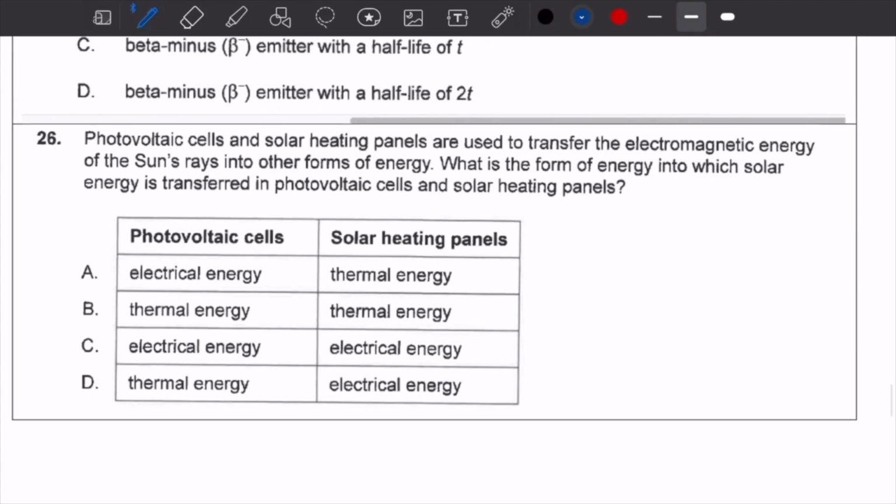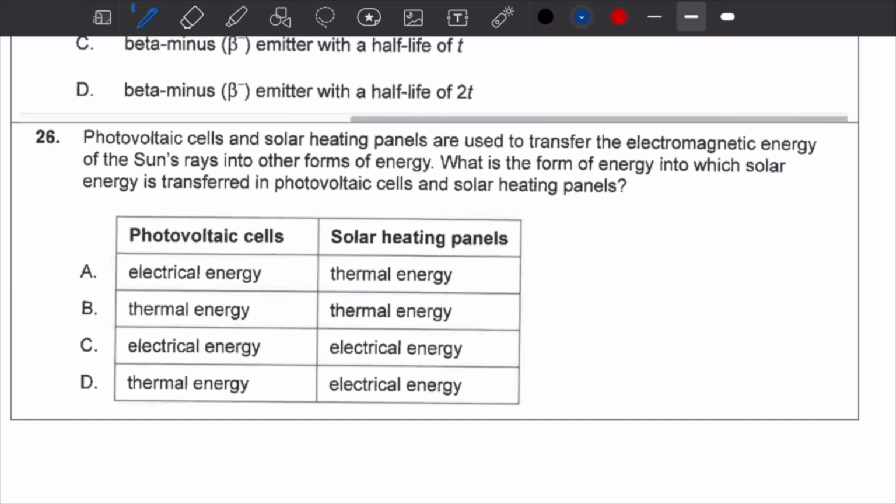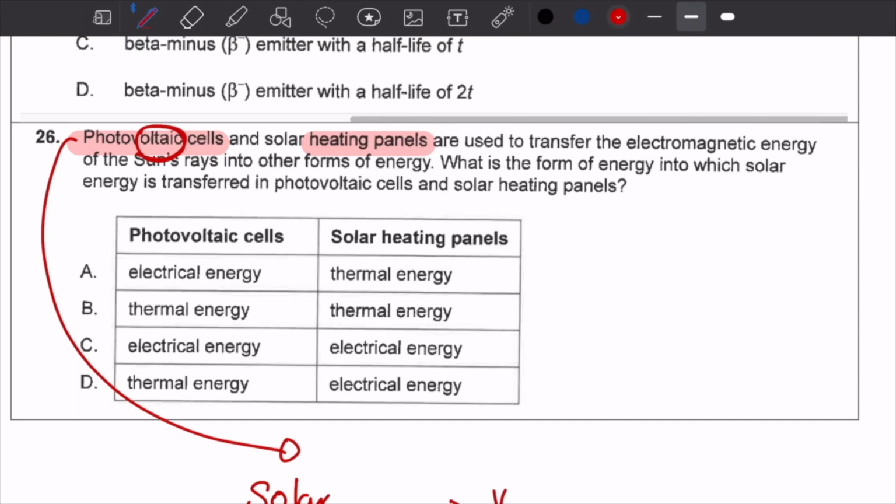Question number 26 has two keywords. What is that? Photovoltaic cells and heating panels. That's enough. If you read carefully, photovoltaic means it's about voltage, right? Obviously, photovoltaic cells change solar energy, or radiation energy of the sun, into voltage or electric energy.